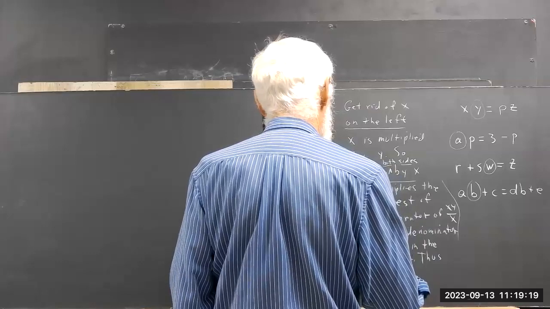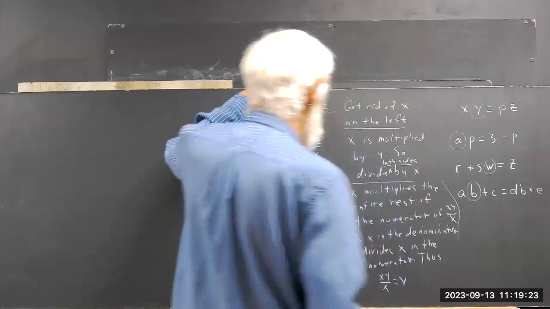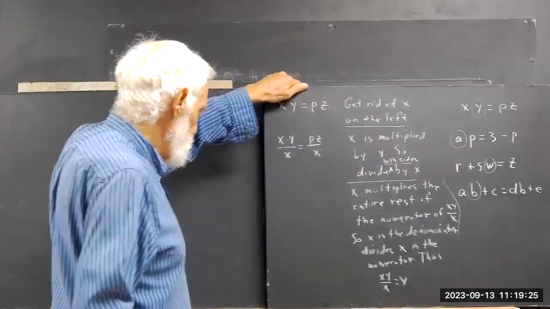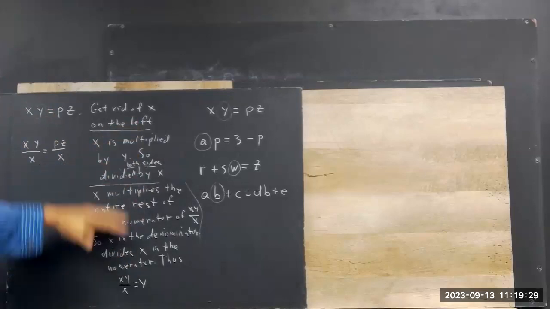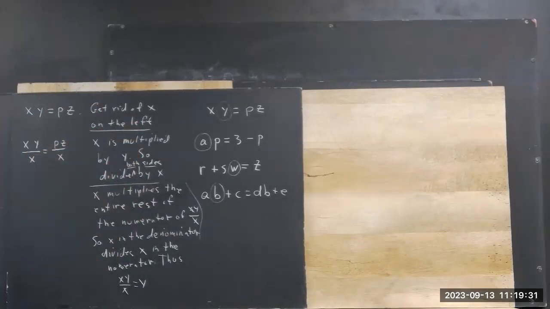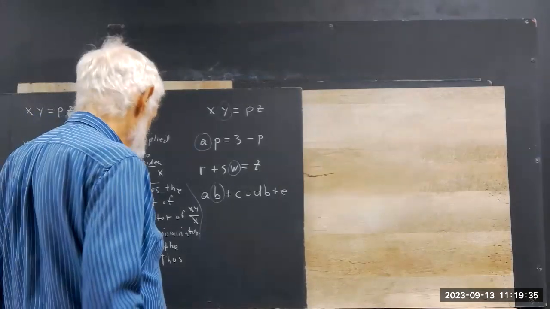Thus, xy over x equals y. And I like to write over here because I've been blocking the board as I write along this stuff, and I prefer not to block the board.